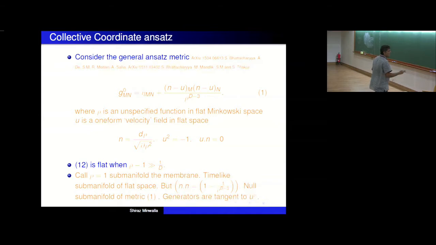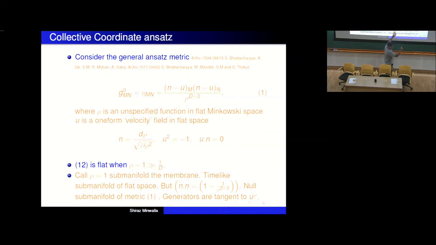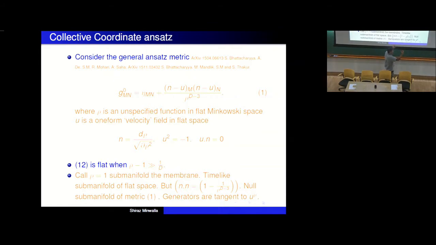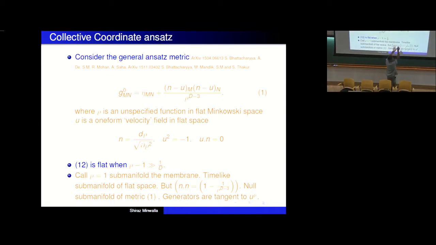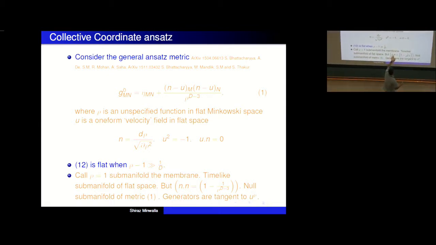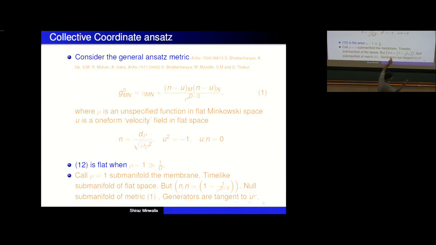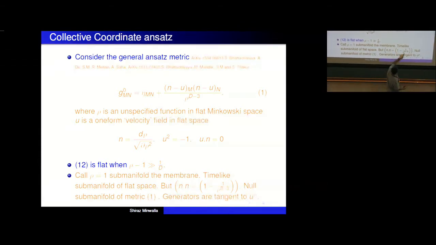Now, it's an easy calculation to check that the normal one-form d rho, which was normalized to have norm 1 in flat space, has norm 1 minus 1 by rho to the power d minus 3 when you compute its norm in this metric.